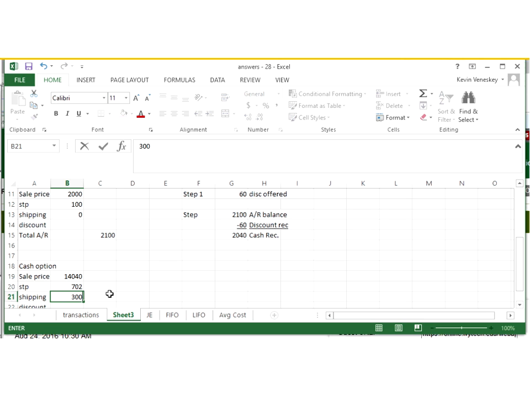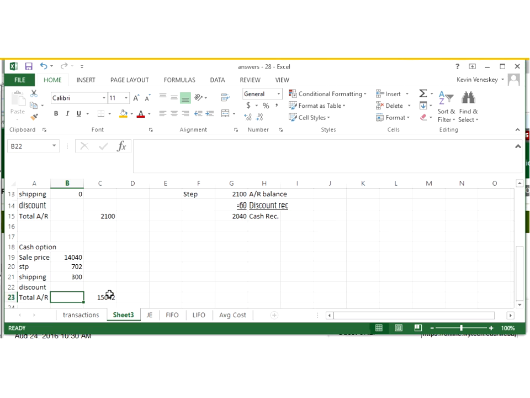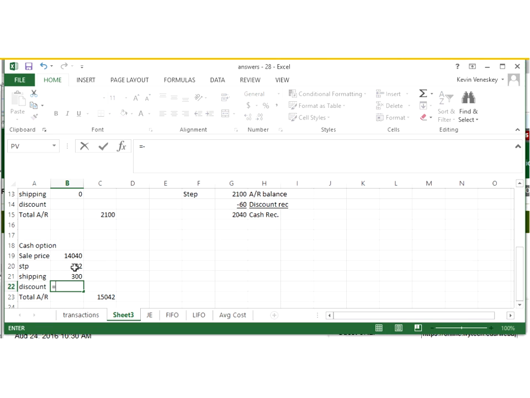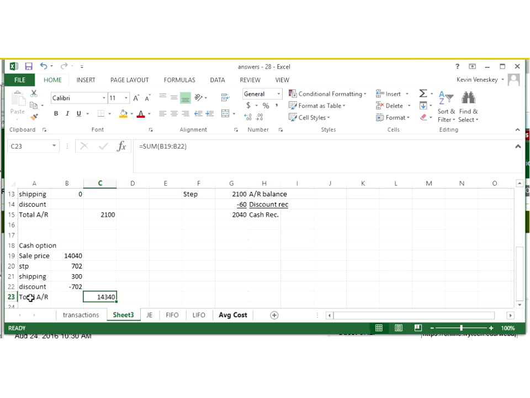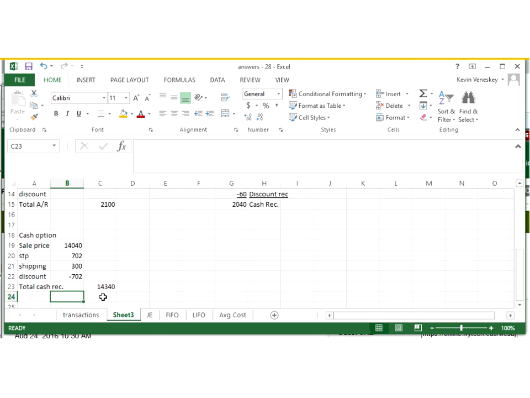Shipping, there was shipping on this one that the customer needs to pay, and they did pay up front, $300. And then the discount, remember we give them 5%, which happened to be the exact same as the sales tax. So essentially I'm giving them the $702 back. So therefore, total cash received is $14,340.